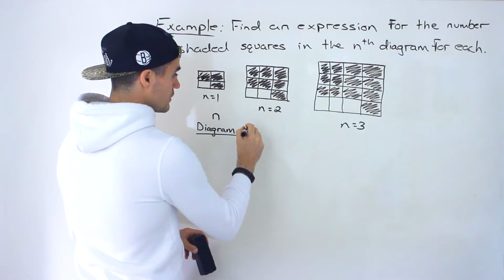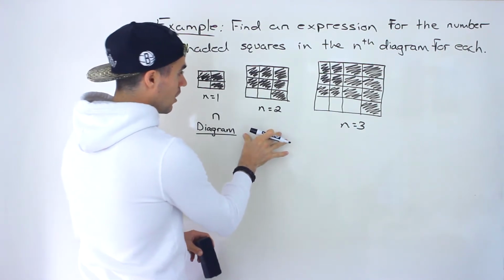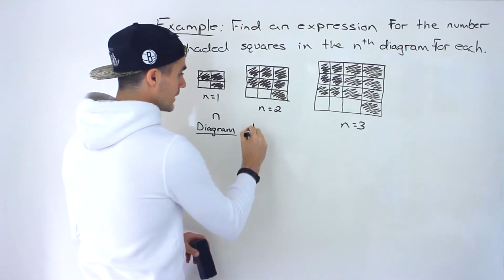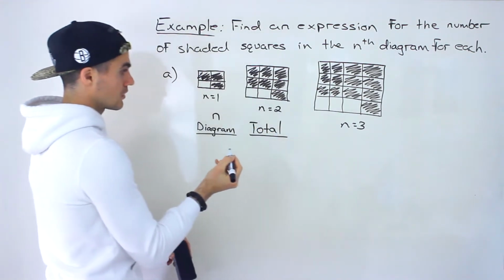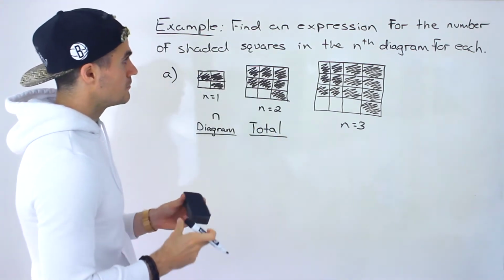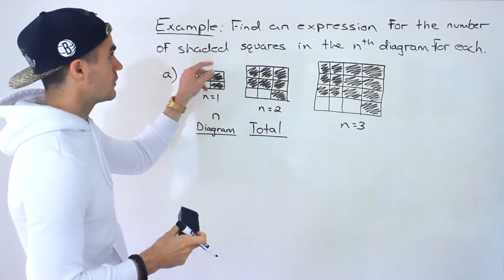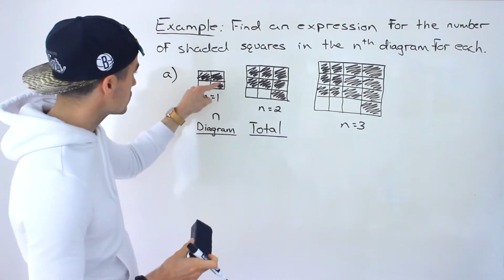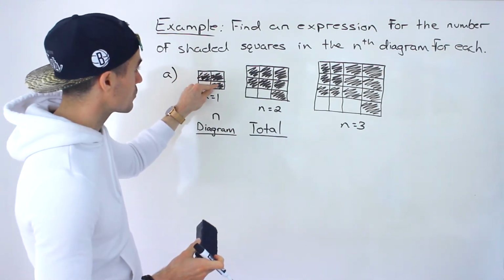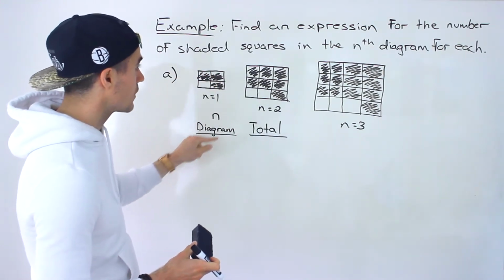Now, the second column, if you remember, what I do is I create a total squares column. Because we're finding the number of shaded squares, you can create just a shaded square column and then count over here. So we've got 1, 2, 3 shaded squares for the first diagram.